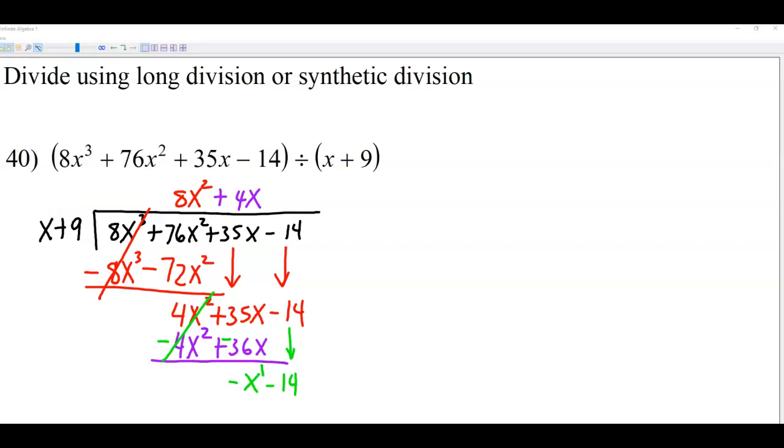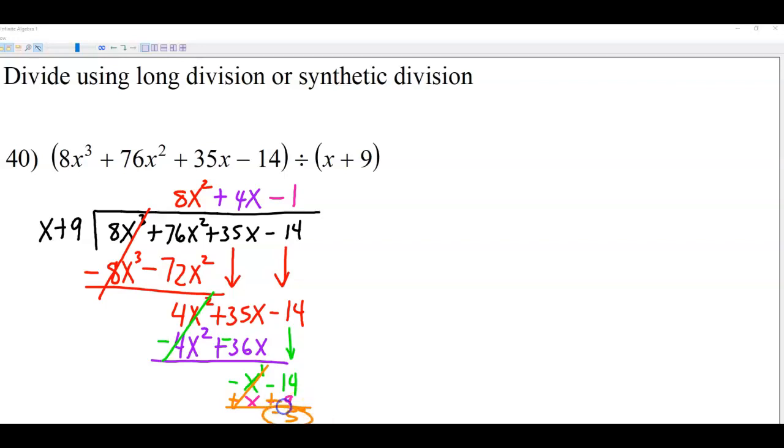Now I have to ask myself, what would I multiply x by to get negative x? Well, that would be a negative 1. So we multiply that here and here. That would give me negative x minus 9. Then we change the signs and add down. These cancel. That's negative 5. And now I don't have any more powers left, so that's where I stop.